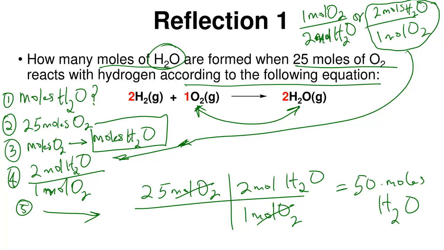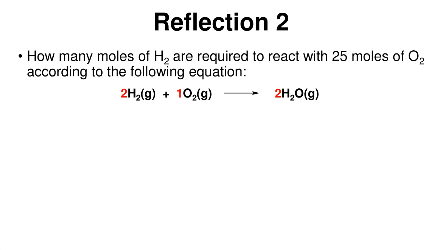Let's look at problem 2. In problem 2, it says how many moles of hydrogen are required to react with 25 moles of oxygen? Again, here we're looking at hydrogen and oxygen. So just write out your conversion factor between those two.